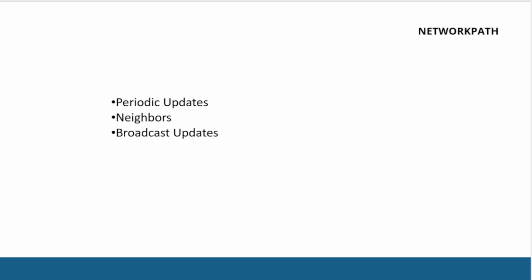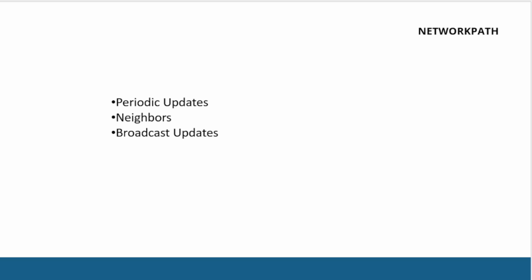The first thing I said is periodic update. It is sending updates periodically, meaning updates that are sent at a regular time interval. There was a protocol, AppleTalk's RTMP, a routing protocol that used to send updates every 10 seconds.